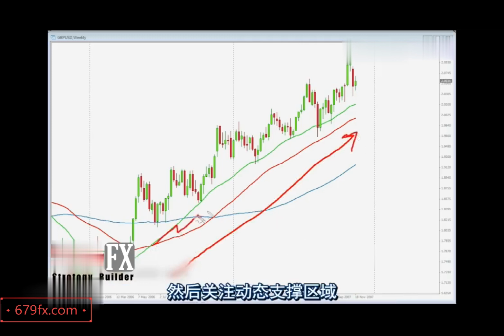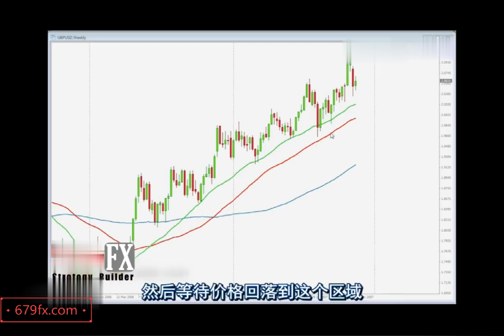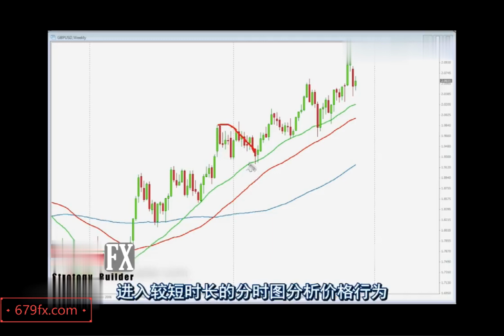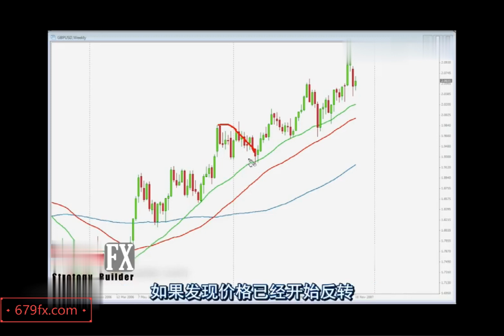I keep an eye on my dynamic area of support. Then I wait for a pullback to that area. I get a pullback to that area, and then I read price action in the shorter time frames. If I see the beginning of a retracement, bang, I enter long there. And I ride it for a new swing up.